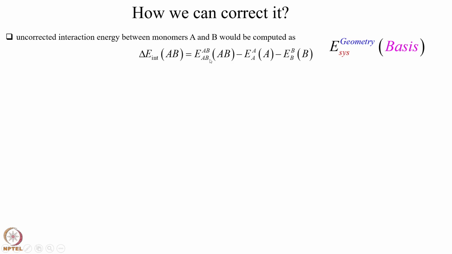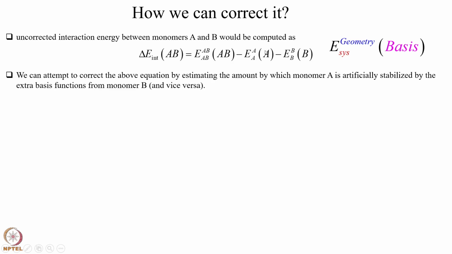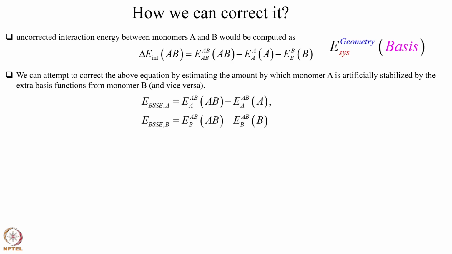So, this essentially means system AB at the geometry of AB and the basis set of AB, whereas this means system A at the geometry of A and basis set of A. Now, we can attempt to correct this above equation by estimating the amount by which monomer A is artificially stabilized by the extra basis functions coming from monomer B. This is how it will look.